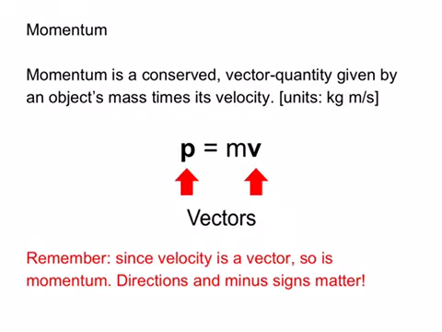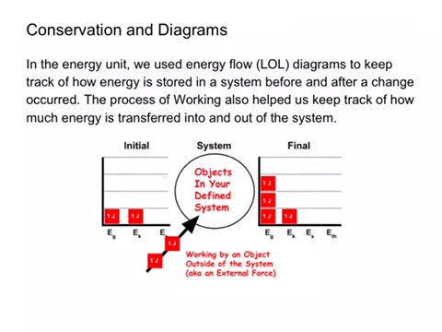In the energy unit, we used energy flow diagrams, or LOL diagrams, to keep track of how energy is stored in a system before and after a change occurred. The process of working also helped us keep track of how much energy is transferred into and out of our system. Here we see a system where we initially have 2 joules of energy, 1 joule in EG and 1 joule in EK.